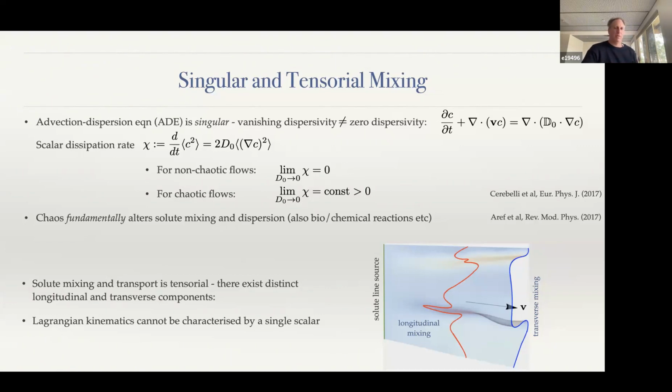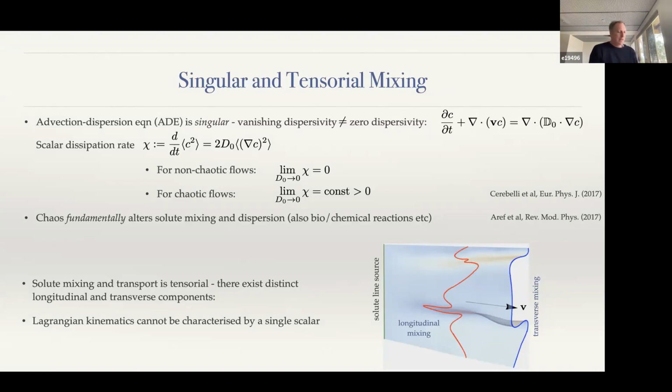Whereas for a non-chaotic flow, we have a singular limit, and the rate of mixing goes to 0 as the diffusivity goes to 0. So this means that the presence of these chaotic mixing dynamics fundamentally alters solute mixing and dispersion, and has impacts in terms of biochemical reactions and so forth.